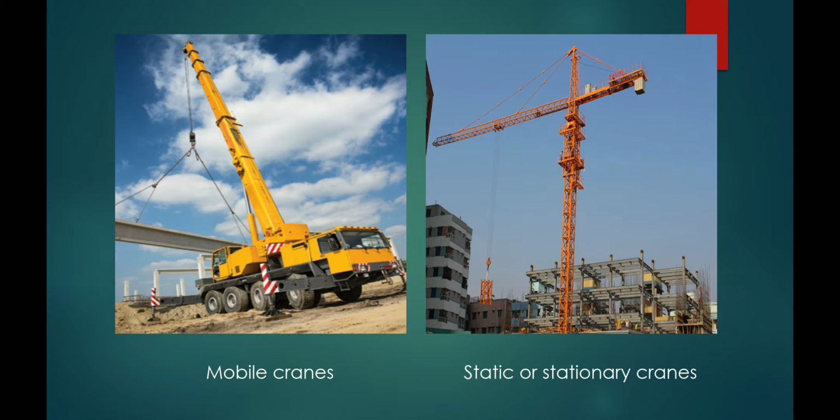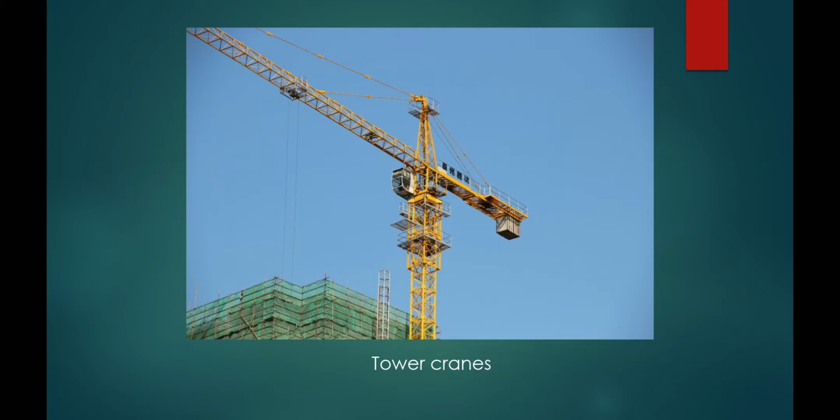And here on the right you have a picture of a static crane, and as you can see, it is a very large structure, and as I said earlier, it is fixed to the ground, so therefore it is unable to move from job site to job site. And here's a picture of a tower crane, and tower cranes are actually a type of static crane, so they aren't able to move from job site to job site either.